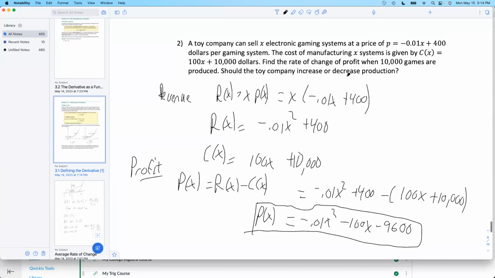Okay. Now I don't want to know what's my profit when 10,000 games are produced. I'm not just going to plug that in here. That would tell me how my profit is if I plug in 10,000. That's not what the question says. It says, what's the rate of change of profit? I want to know how quickly is profit changing at that point.